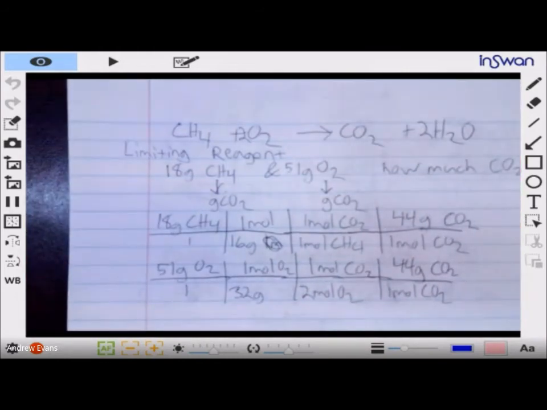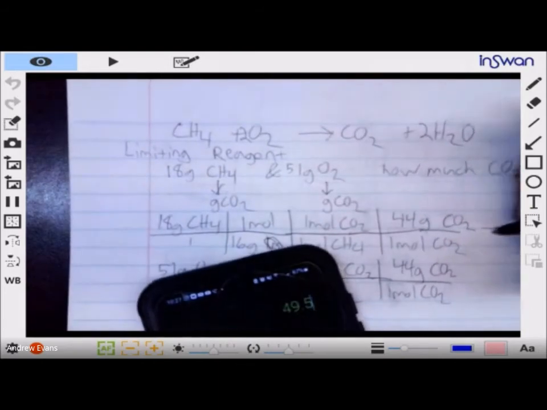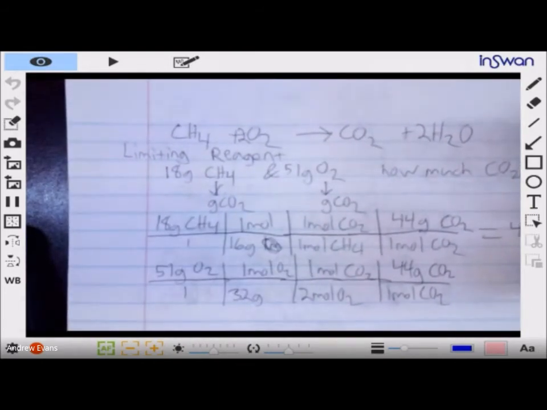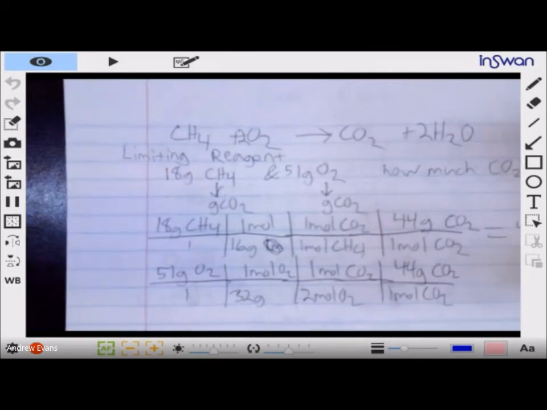So I have my 2 problems set up. I must solve them. 18 divided by 16 times 1 over 1 times 44. If I burned all 18 grams of methane, that would produce 49.5 grams of CO2.